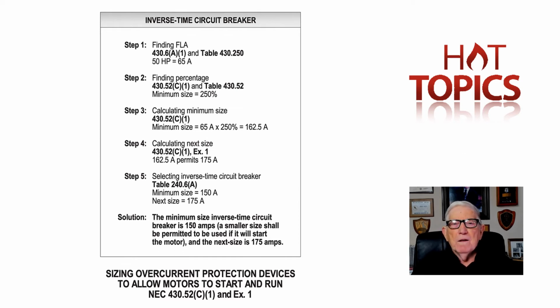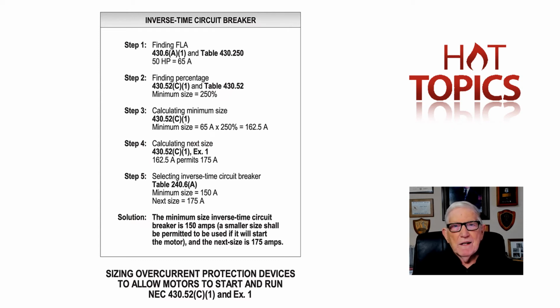Step 2, we would refer to the table 430.52 and select our percentage. We're using an inverse time, so we won't use the column that's non-time delay, nor the column that is time delay or instantaneous trip column. We'll use the last column, which lists 250%.